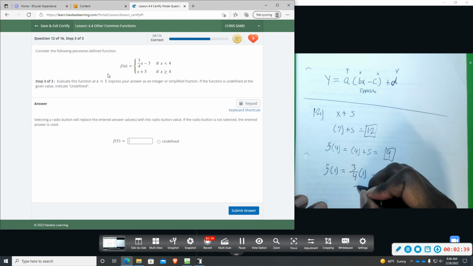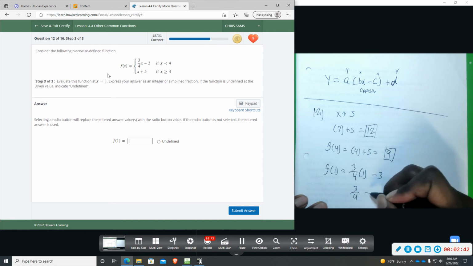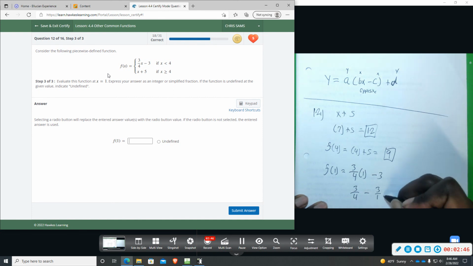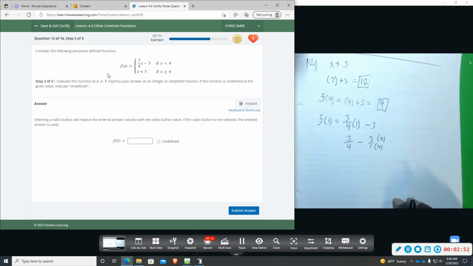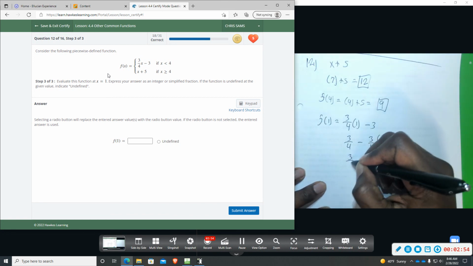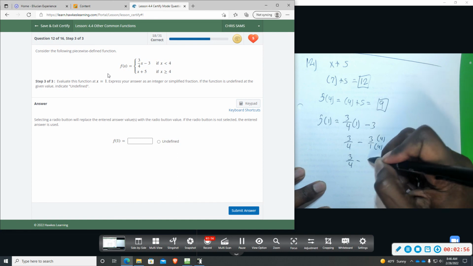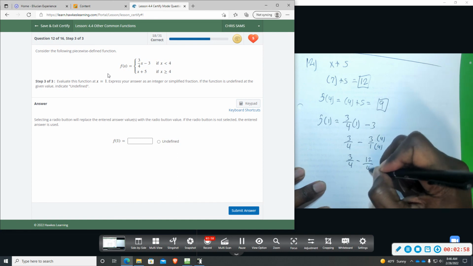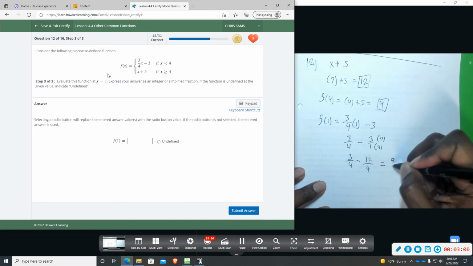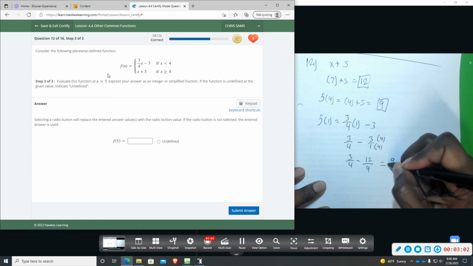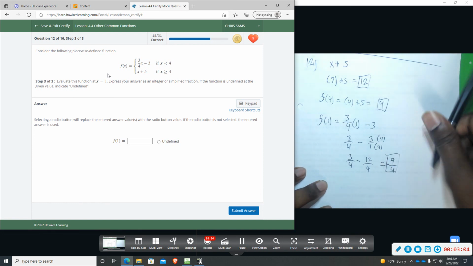That's going to give us 3 over 4 minus 3 over 1, so we have to get a common denominator. We multiply top and bottom by 4, and this gives us 3 over 4 minus 12 over 4. And that will give us a negative 9 over 4.